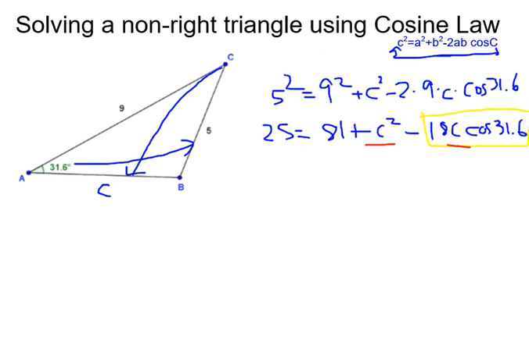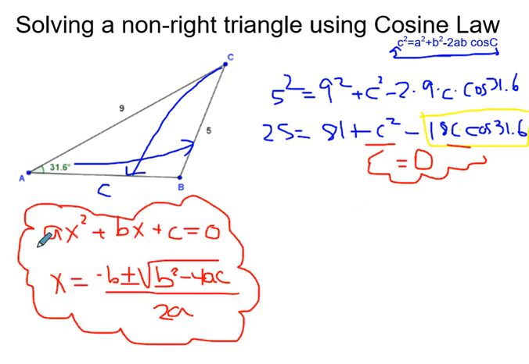You have to remember that whenever you have something that has C squared and C, you have to make your equation equal to 0, and then you take the formula. So I'm just going to write it here for you to remember. I wrote it down here at the bottom. Whenever you have something ax squared plus bx plus c equals 0, then you can use this formula: x is equal to minus b plus or minus the square root of b squared minus 4ac, over 2a.